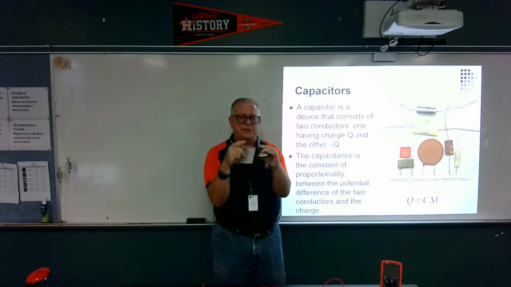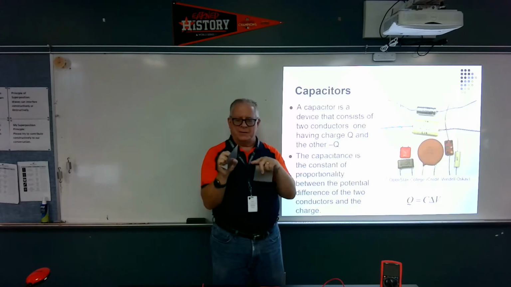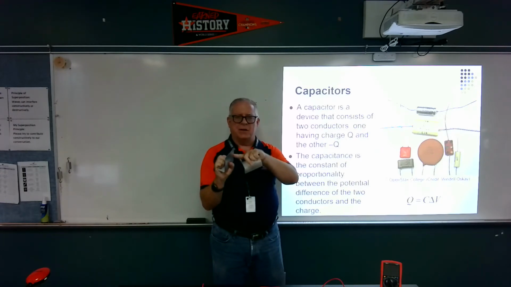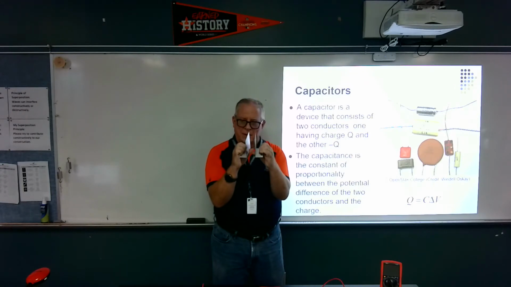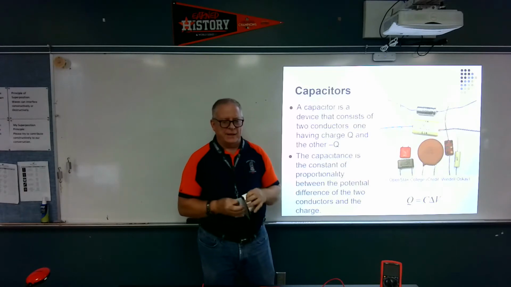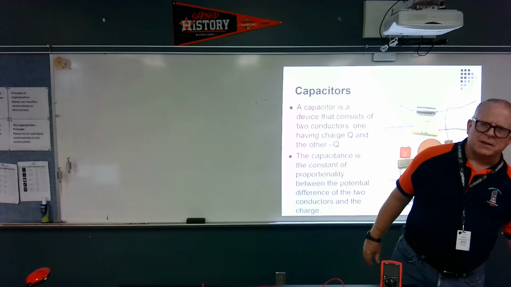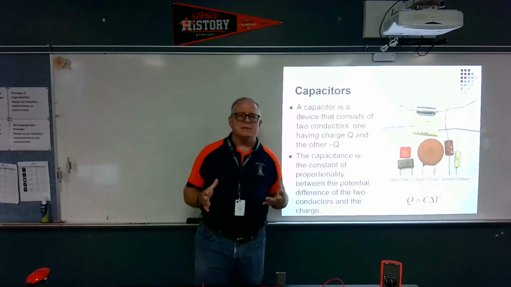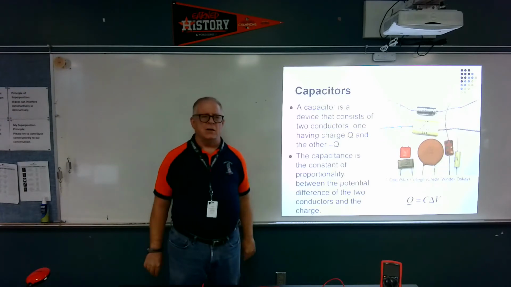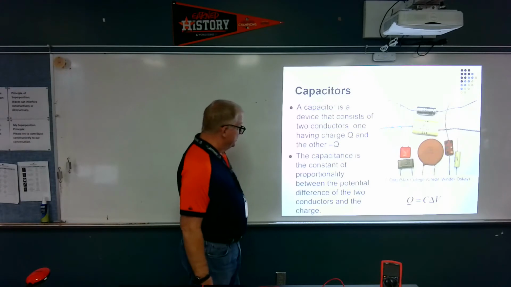The ratio of the charge you put on the positive plate, and therefore the same magnitude but negative charge on the negative plate, divided by the electric potential that exists between the two plates, that's the capacitance of a capacitor. And again, it has to do with the size of the plates for one thing. The bigger the plates, the less crowded the charges are, and the less potential they're going to have for a given amount of charge.